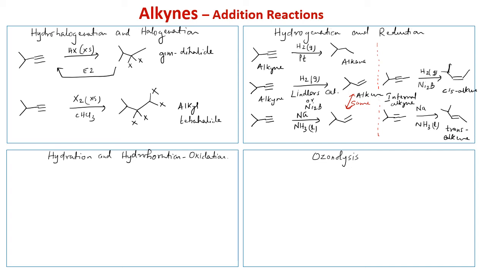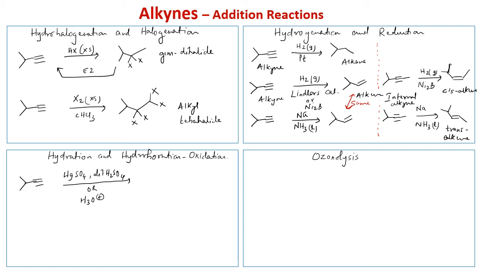Now moving on to some oxidation and hydration reactions. You can do hydration on alkynes. So again, choosing this alkyne, you do a hydration on this. You could use mercuric sulfate with dilute sulfuric acid, or you could just put H3O plus.